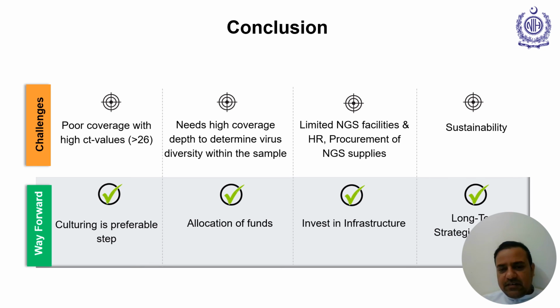We need to invest in infrastructure, and there is a need for long-term strategic planning in order to sustain genomic surveillance of SARS-CoV-2 or other viral pathogens, because it is an expensive technology, and a lot of investment needs to be made in infrastructure, in equipment, and in maintaining the HR. I think this was my last slide.